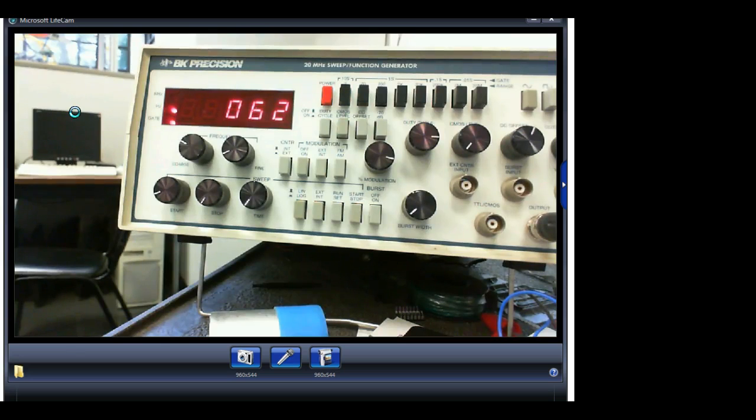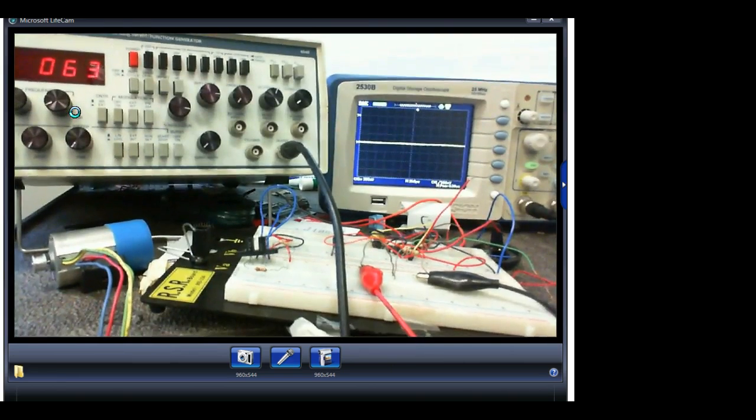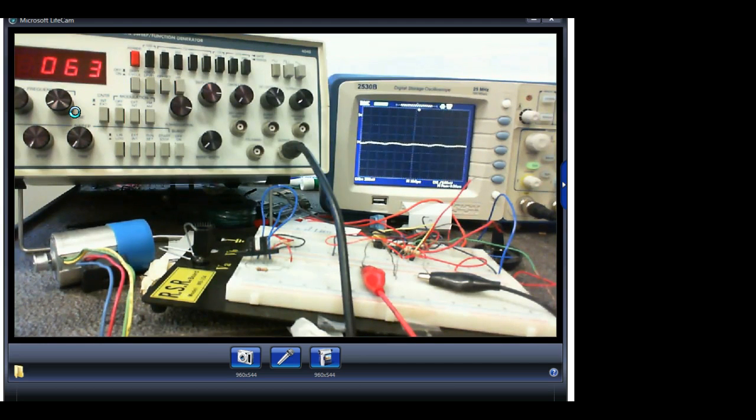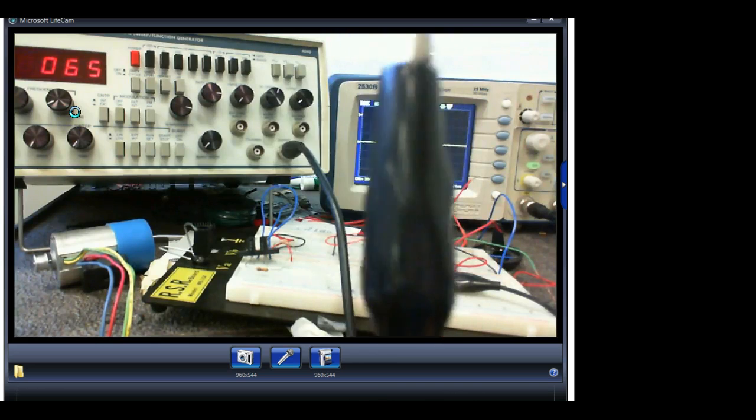Okay, and I'm going to come over here. By the way, on a meter, your black lead is a common. It's meter common. It's not circuit common, it's meter common. So it's what you measure your voltage relative to. Everybody understand that? On an oscilloscope, this right here is ground.